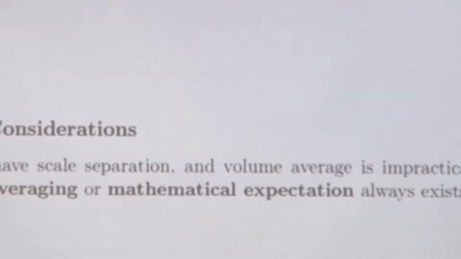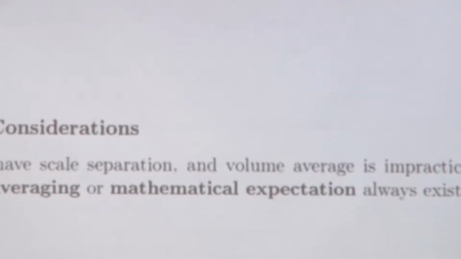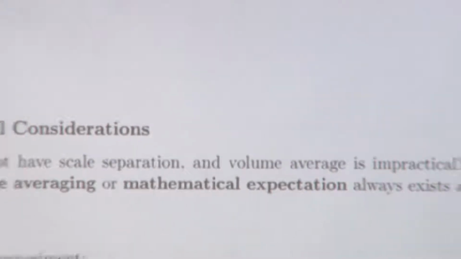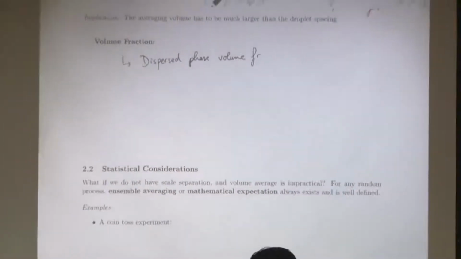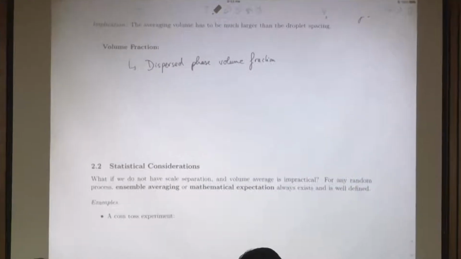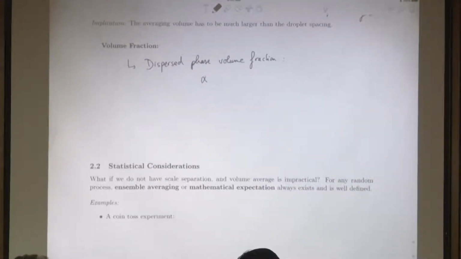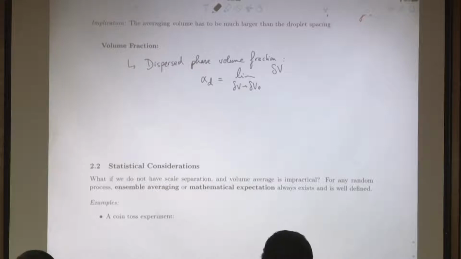So you can define from that your dispersed phase volume fraction, which will be, in this case, say alpha d, the limit as we go to the appropriate delta V naught, the volume contained in the particle over the probe volume.